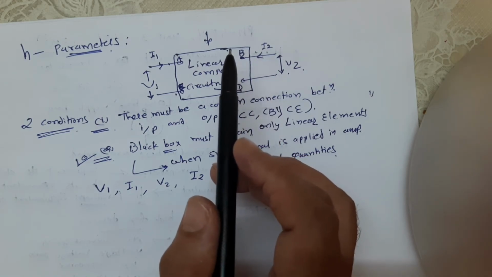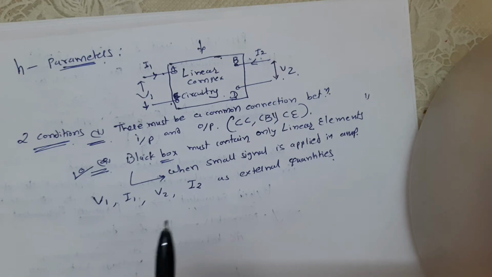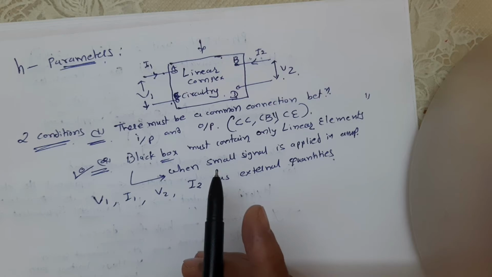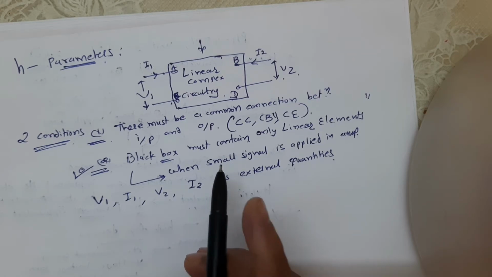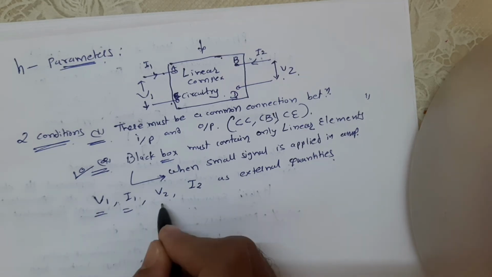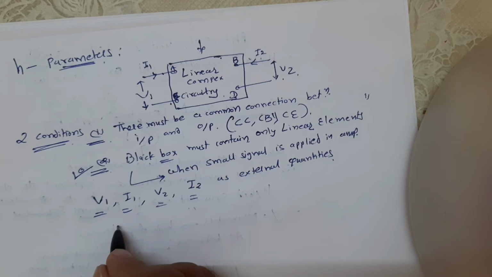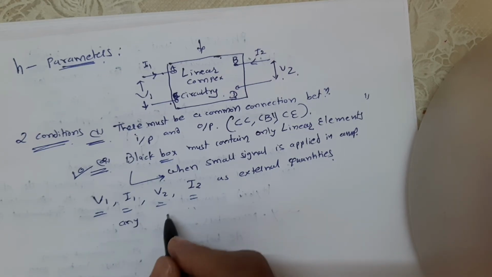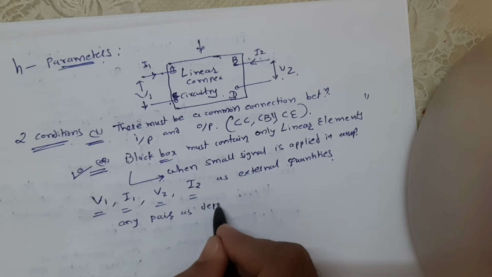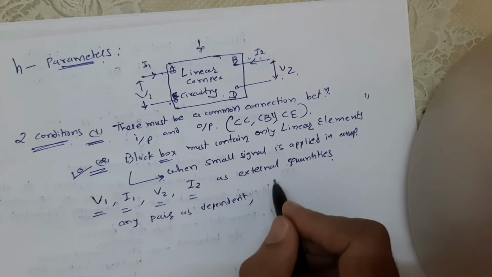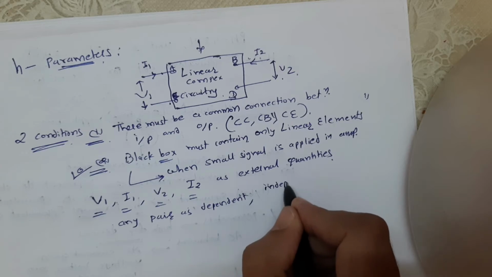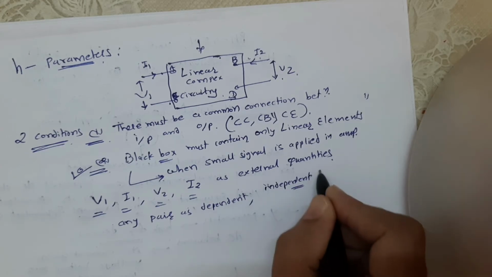Any pair of V1, I1, V2, I2 may be chosen as the independent variable, and the other pair is the dependent variable. That means either V1, I1 or V2, I2. If we choose any pair as dependent, the other two quantities are the independent variables.